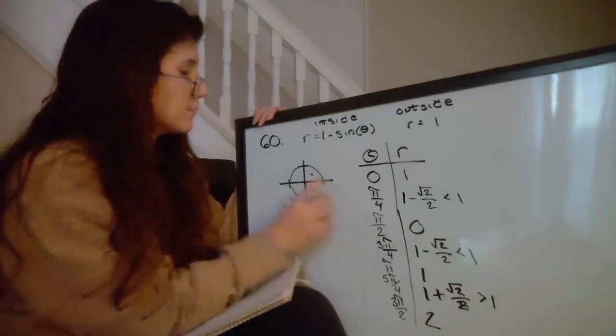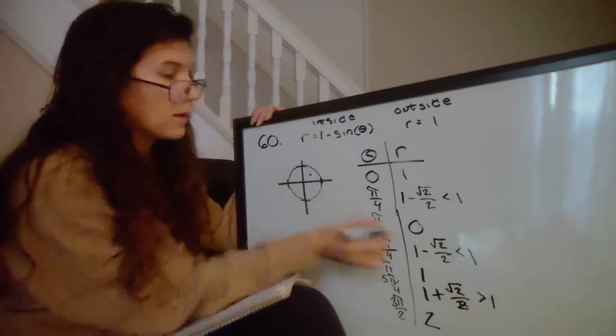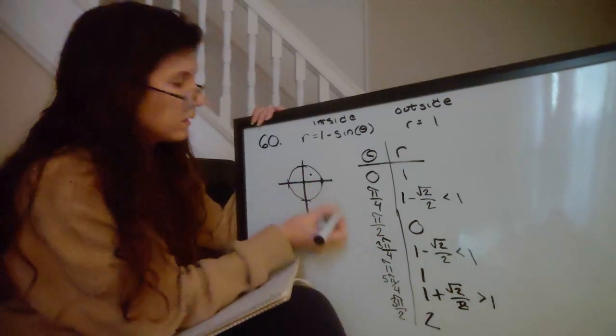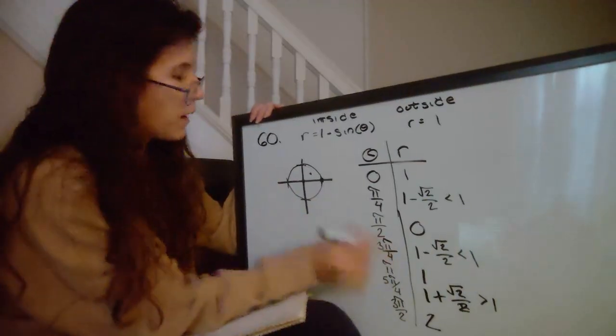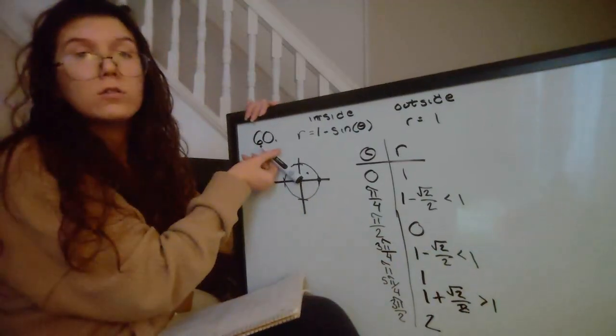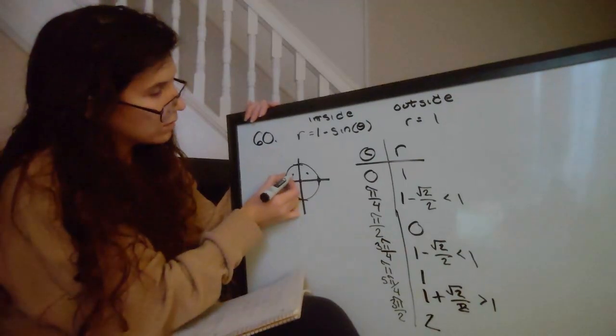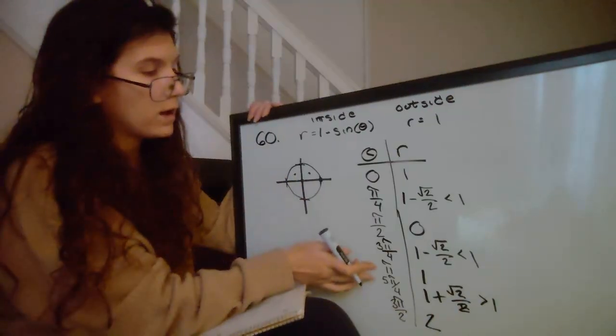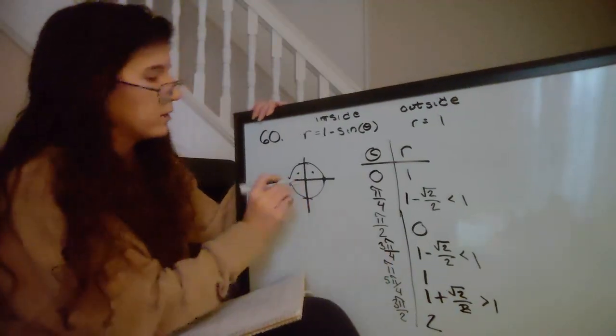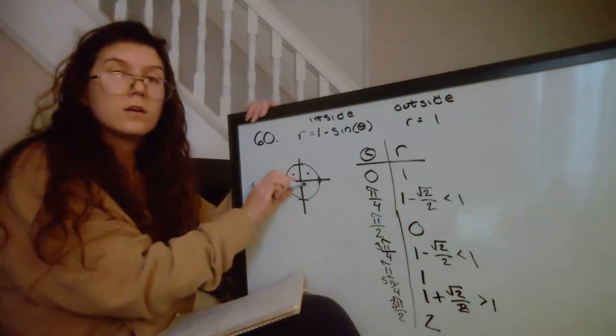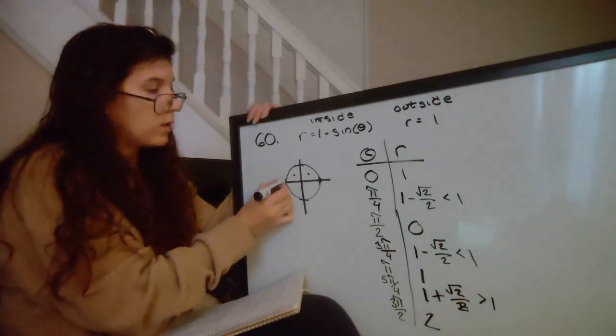And then at pi over 2, we're going back to 0. And then at 3 pi over 4, at this angle, we are going to be less than 1. And then at pi, we are going to be at 1 again. So when we're over here, on this side, we're going to be at 1.